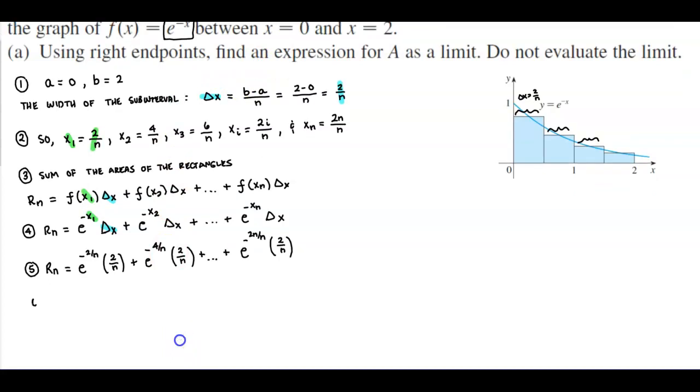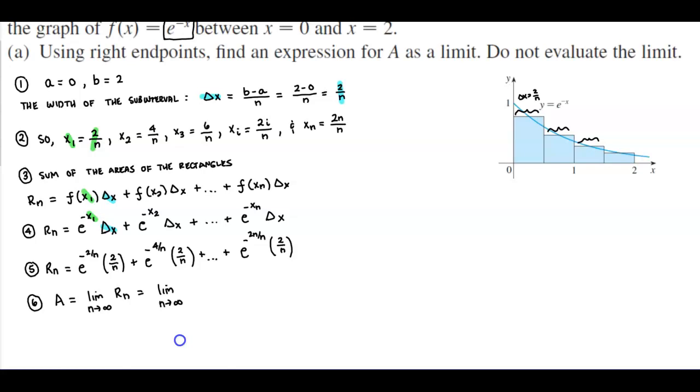Now we want to express A as a limit. So A is going to equal the limit as n approaches infinity of r subscript n, which is therefore equal to the limit as n approaches infinity of, if we look at the previous step, can we factor out a 2 over n?